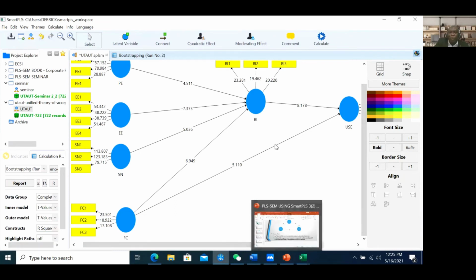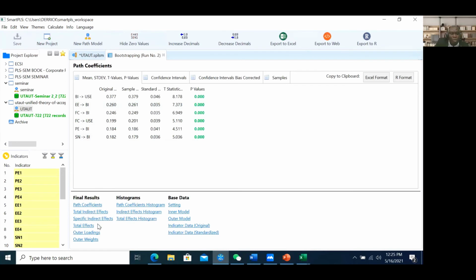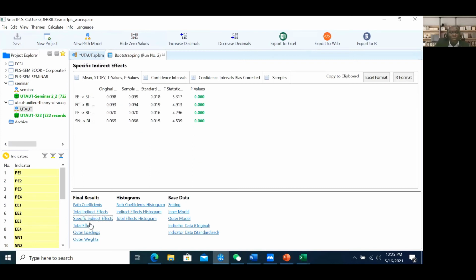So let's go to our bootstrapping. From the bootstrapping, you can get the total indirect effects and then specific indirect effects, the total effects and all those things.